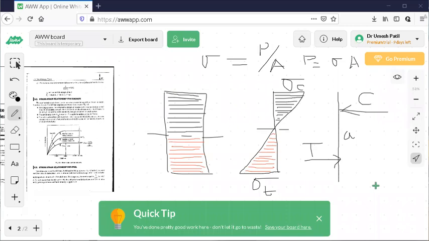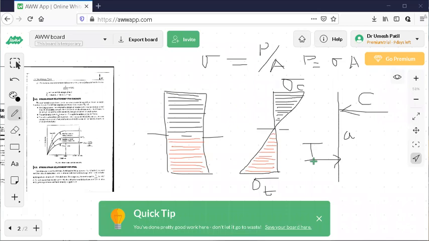I have taken 6 hours just to tell you what is moment of resistance, which was there in strength of materials actually. You should be knowing that. Any questions for moment of resistance?